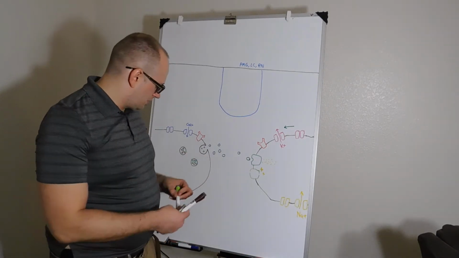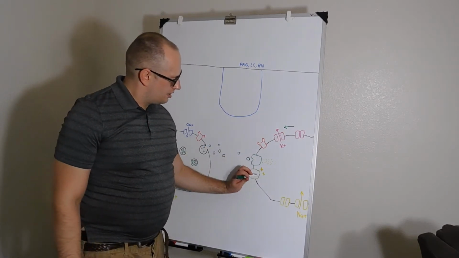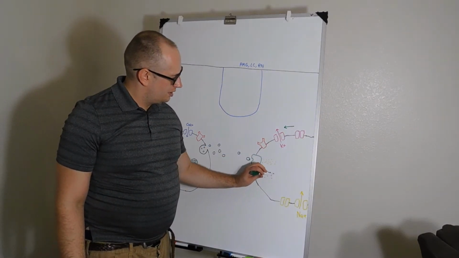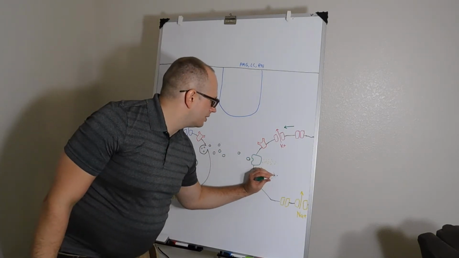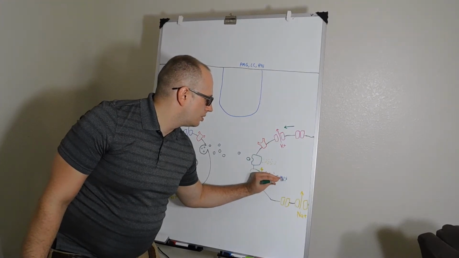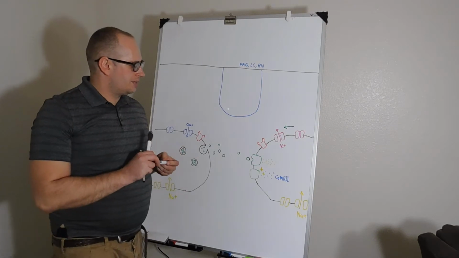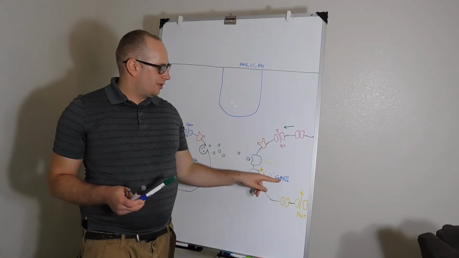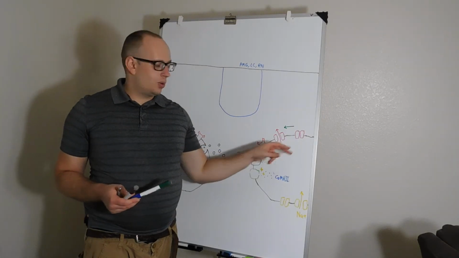So I'm going to use the same color as that. Calcium comes in, and that calcium can signal things like, I don't know, we'll just put CaMKII, and that can do things. Eventually ERK gets activated, and ERK can cause these potassium channels to be more closed.